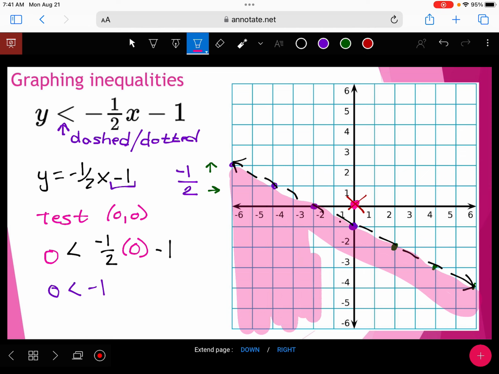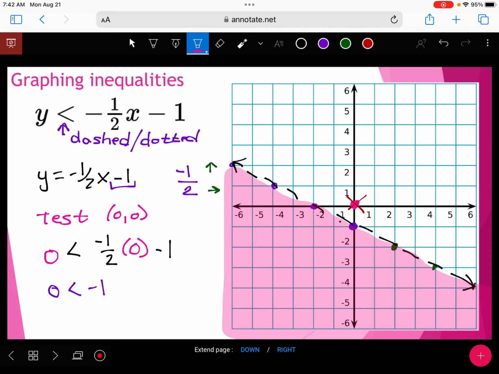Anything in this shaded region is truth. And the easiest way to reliably tell which side has the truth is to test a point. Okay?